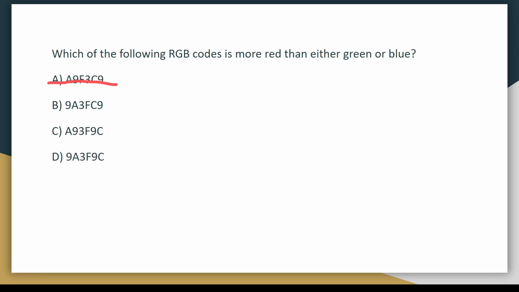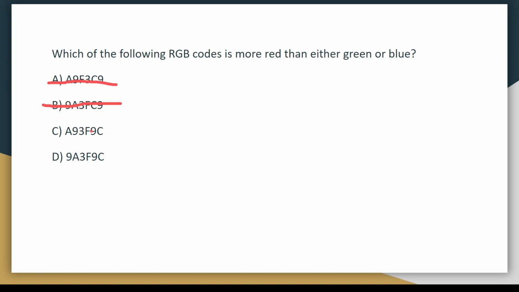And then B, it starts with 9, and the blue component starts with C, so that's also obviously less. Now, C is so far greater because it starts with A, and the rest start with 3 or 9, so we'll look at that later.